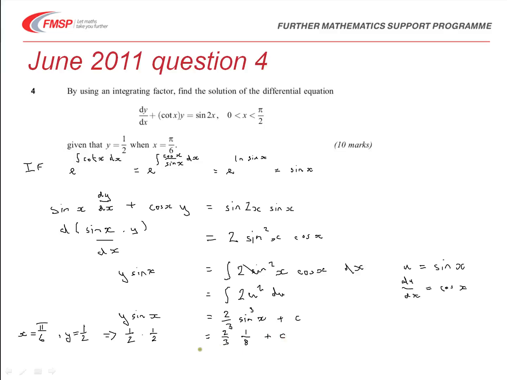And so what have we got? Well, that's going to give us a quarter minus a 1/12. And a quarter minus a 1/12 is 3/12 minus a 1/12, which is 2/12, which is 1/6. So c is equal to 1/6.